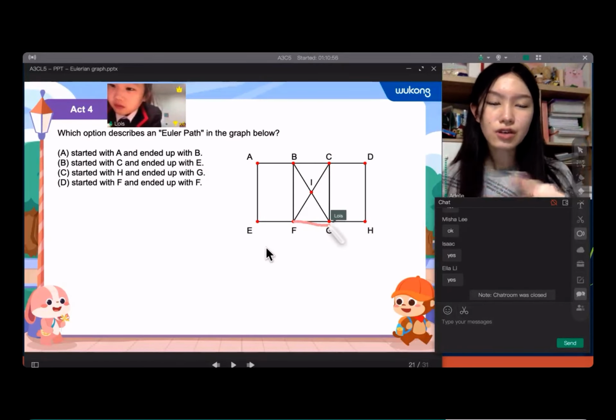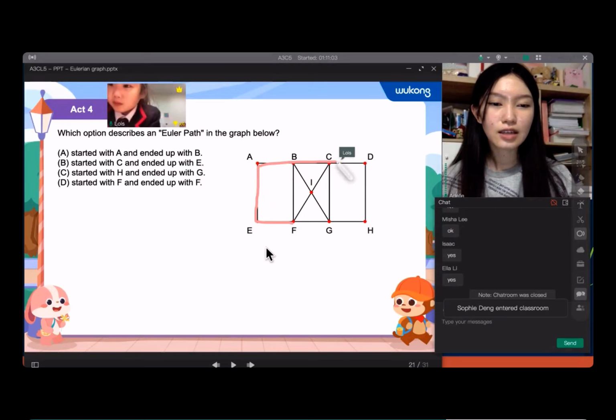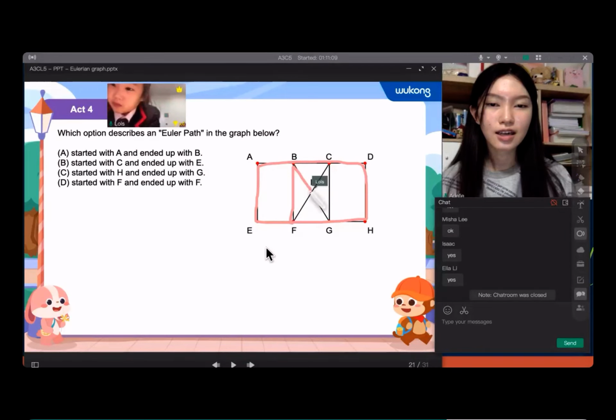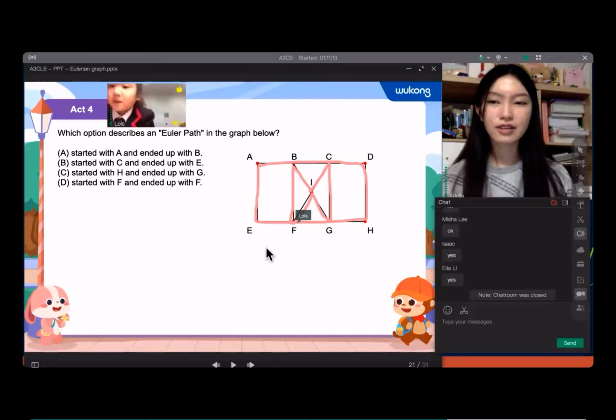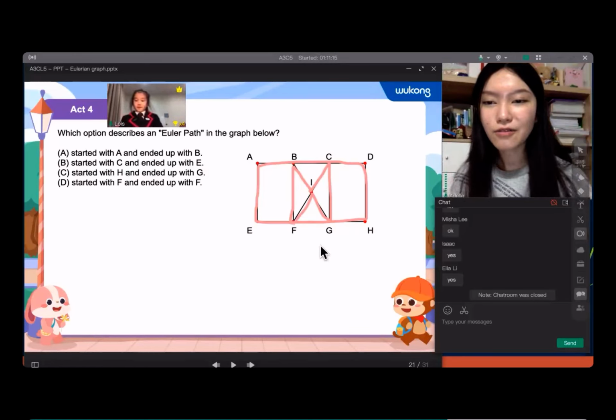Maybe we could try circle the outside first. You know, do it around, starting from F. Yeah, I think that looks about right. And then go to the inside. There you go. So that would start from which node?